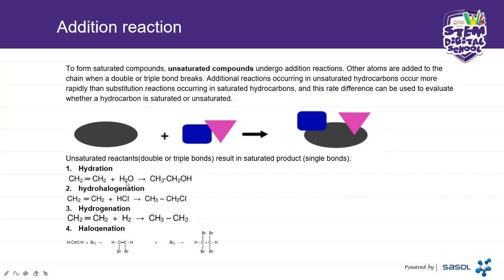As you can see, hydration is one way we add water. Whenever you do hydration, you are adding water to your reaction, and this is what you're going to have. So now they're all going to have single bonds because of the addition in this reaction.